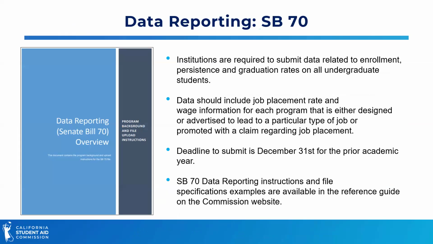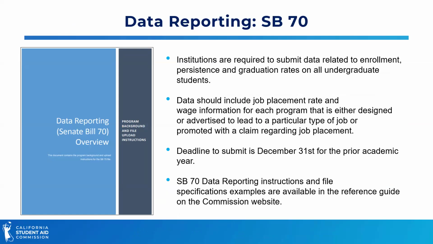And then also within California Ed Code is data reporting through Senate Bill 70. This is the requirement that institutions must submit data related to their enrollment, persistence, and graduation rates of all their undergraduate students.